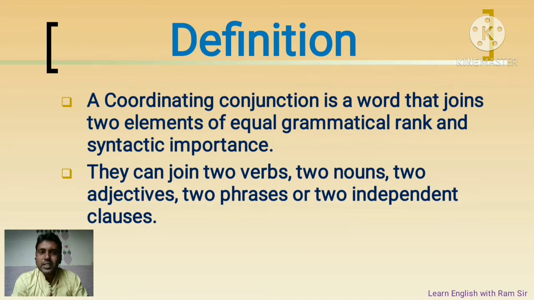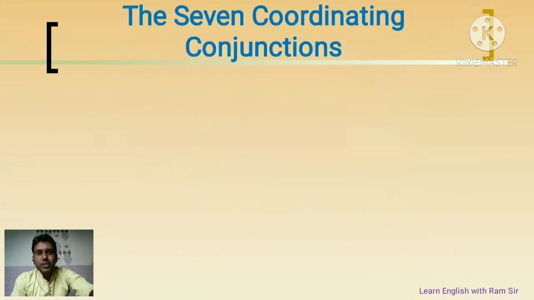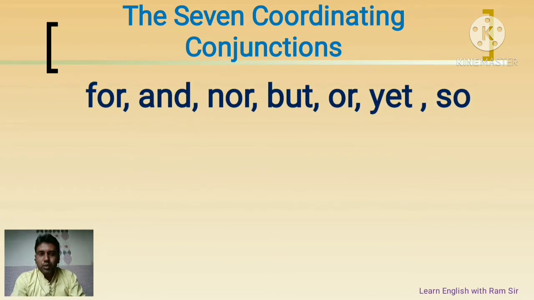How many? 7 coordinating conjunctions we have in English, and these 7 coordinating conjunctions are for, and, nor, but, or, yet, and so.